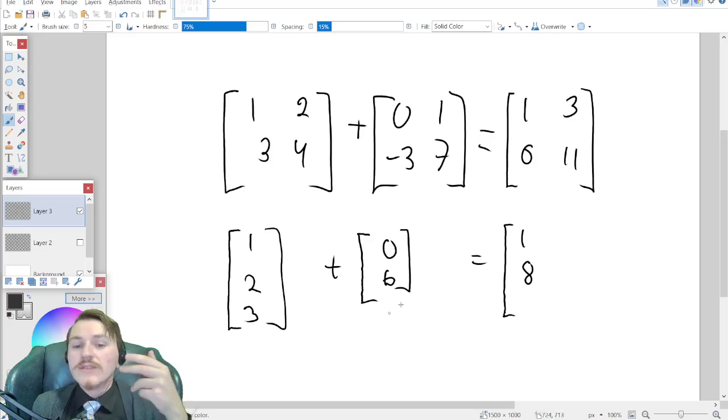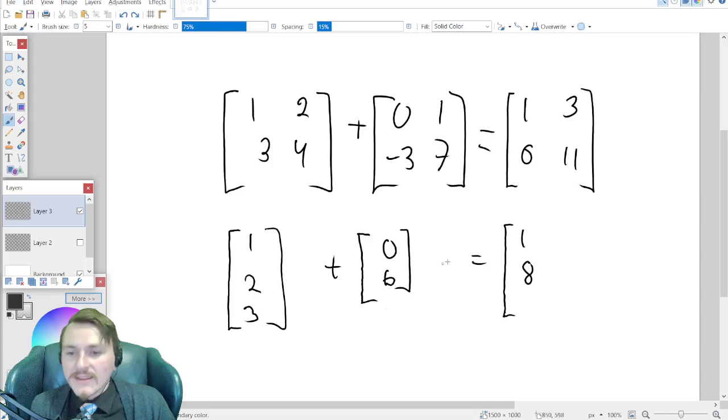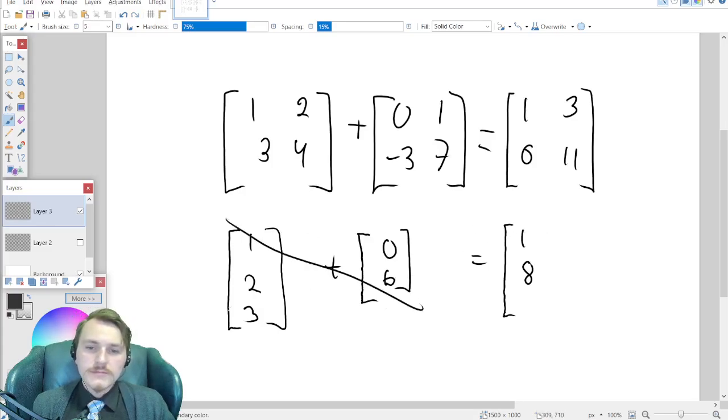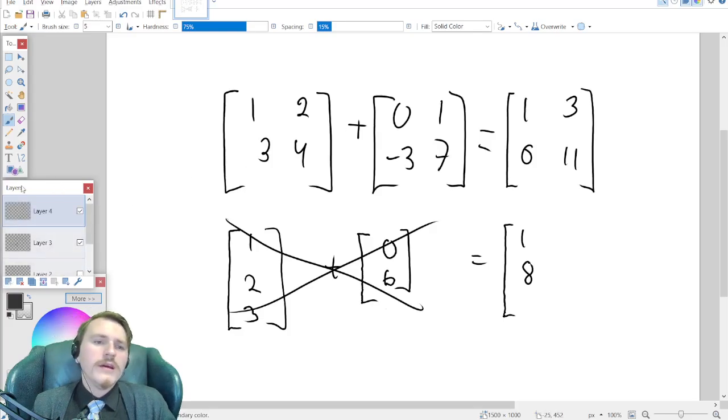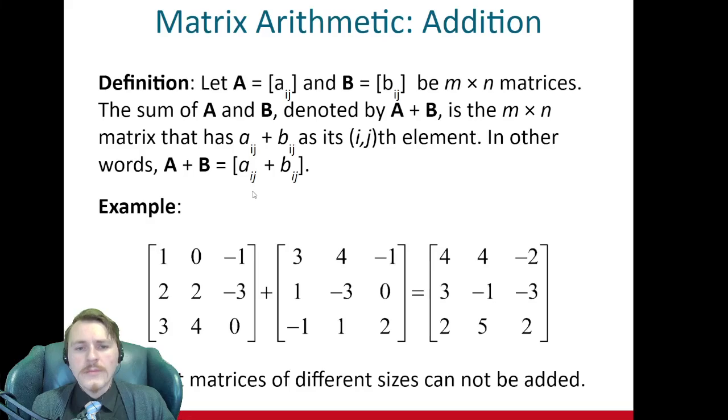Whatever the case is, you should not do math there. It's not going to be 0. It's going to cause problems in your program, most likely, if you try to access whatever's here, right? So we just can't. These cannot be added together, is the answer. They have to be the same size to be added together. The adding's pretty straightforward as far as matrices go, right?